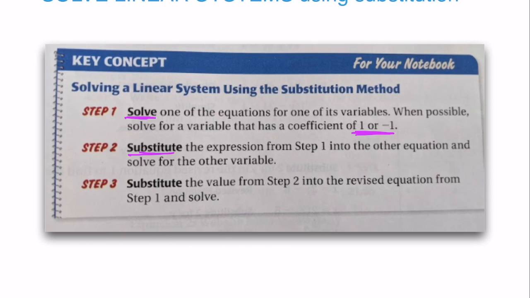Step 2, we're going to substitute whatever expression that we got from step 1, we plug into the other equation, and the goal is to eliminate one of the variables, because you can't work with two at the same time. Once we figure out what one of the variables is, we're going to plug that back into one of the original equations, and that'll give us the other. And remember, we're always looking for a point in x, y. We're looking for a point. That's the solution to our linear system.